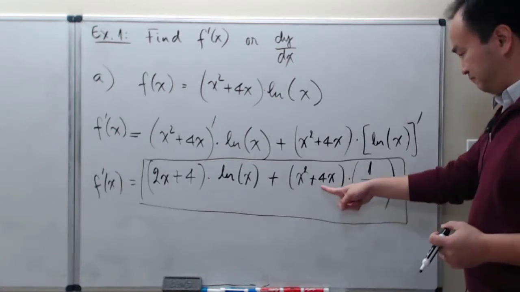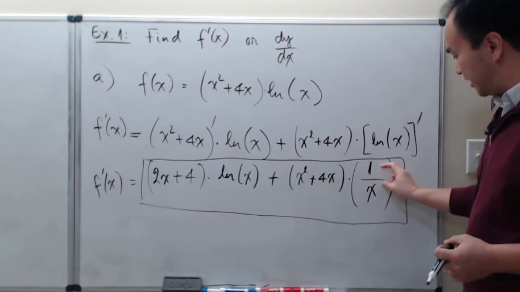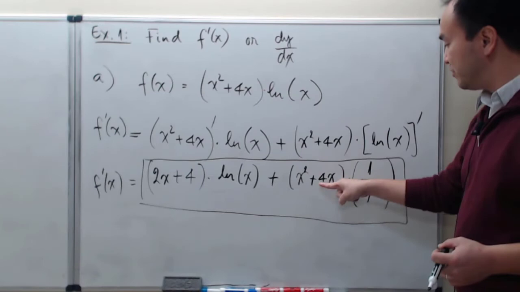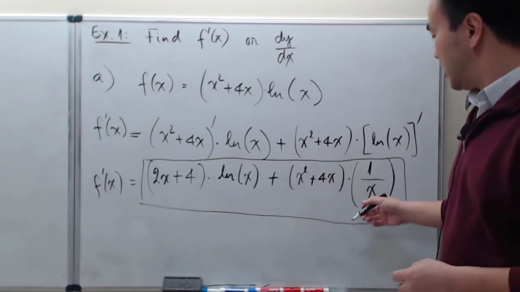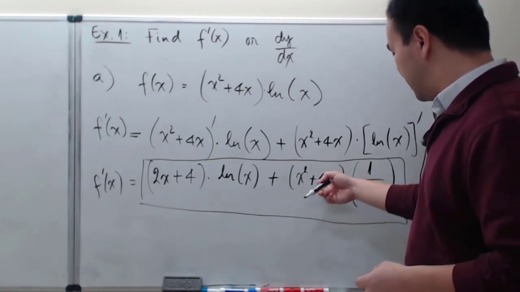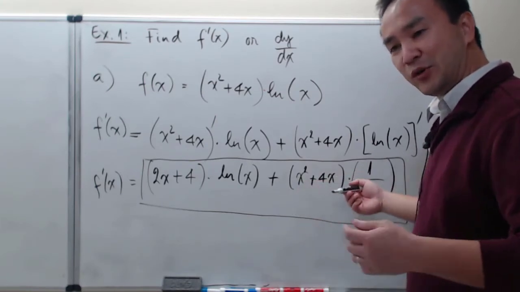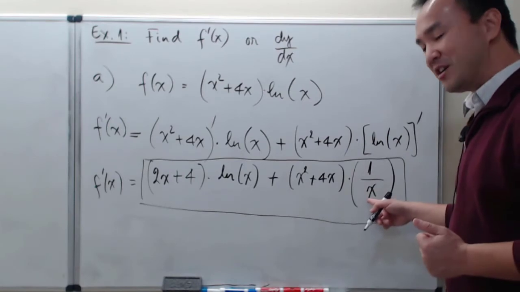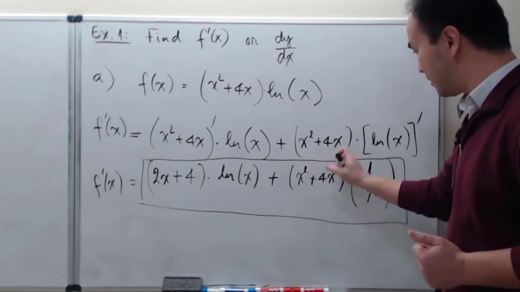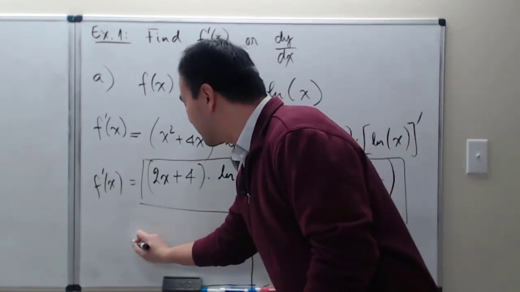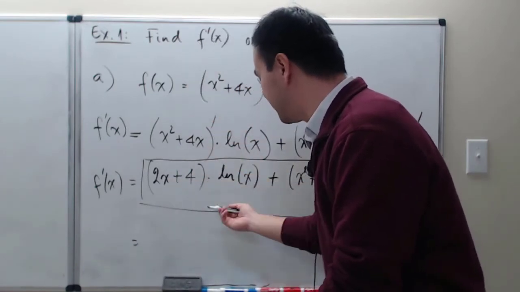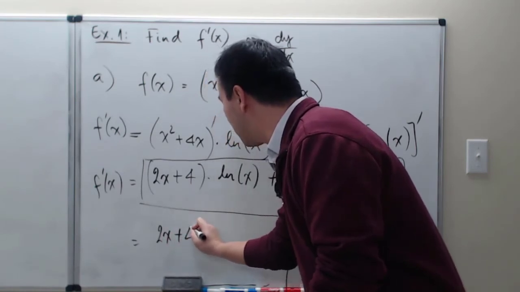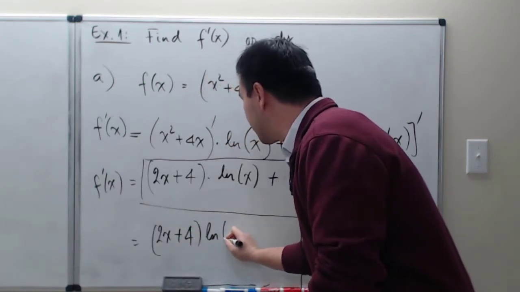Or really, if you have to simplify, you can distribute the 1 over x to each term. If you have to simplify according to your instructor's requirements, then 1 over x multiplied with x squared plus 4x. The first term, 2x plus 4 in product with natural log of x, there's not much we can do; it came straight out.